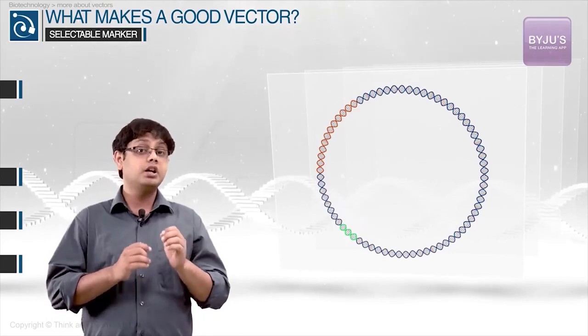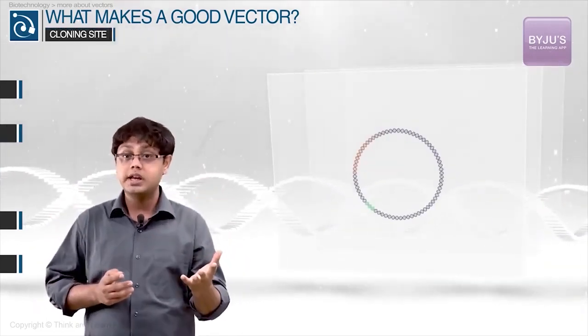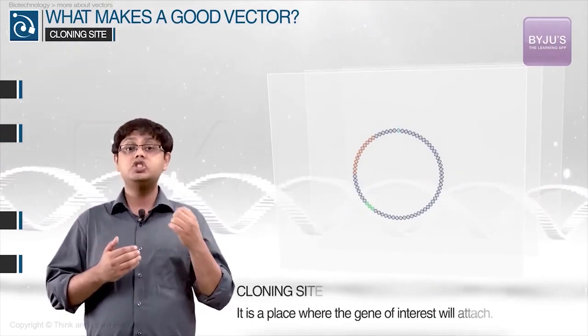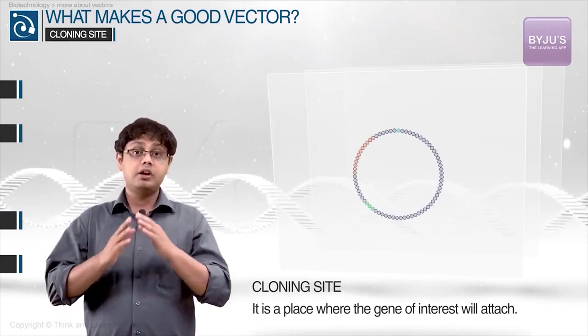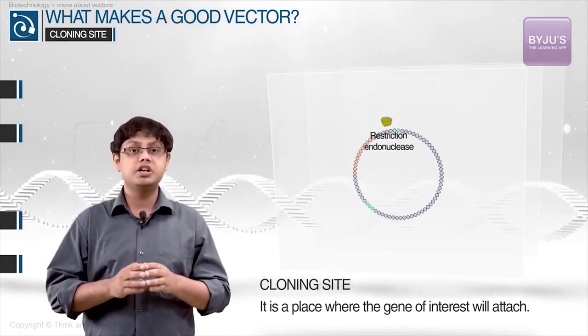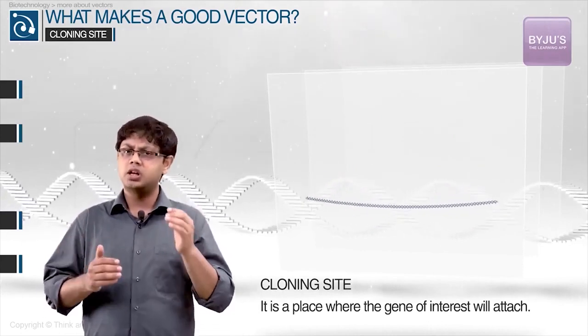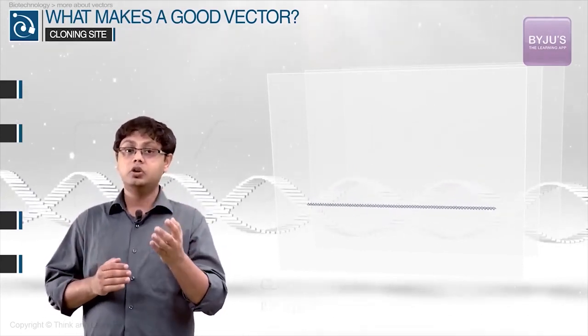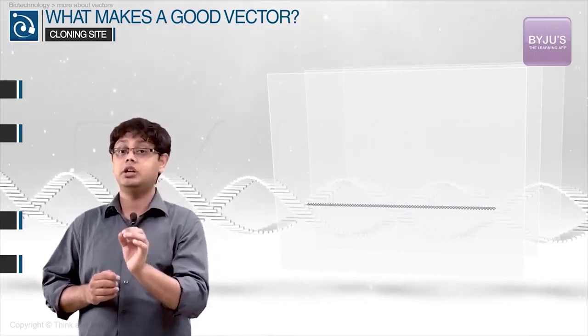Next, a plasmid needs to have a cloning site. What is a cloning site? It is a place where the gene of interest will go and sit. For this to happen, first, the circular plasmid has to be made linear using a restriction endonuclease. Like already discussed, endonucleases have specific DNA sequences that they can read.